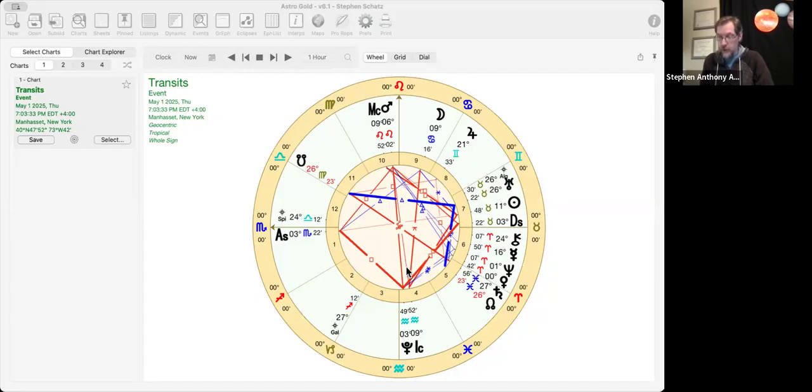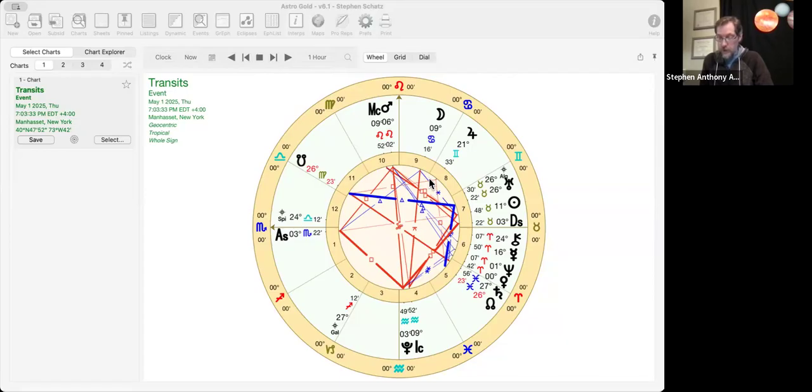And then we go to the trine, which is an easy, constant, effortless flow of energy. So this trine that I showed you between Mars and Venus is an easy, constant, effortless flow of energy.